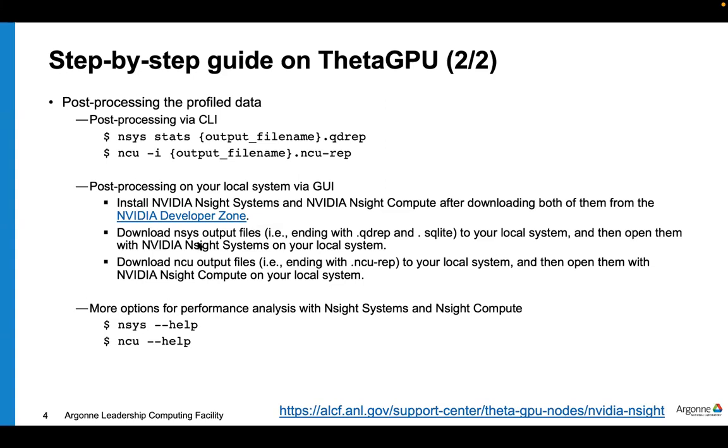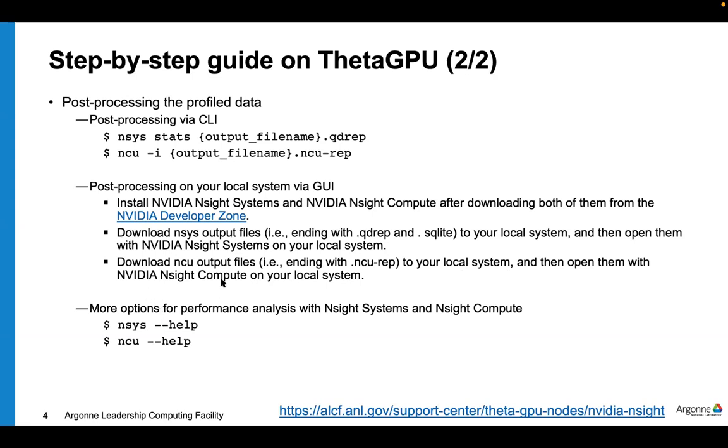After installing the client version of Nsight Systems and Nsight Compute, you need to download the nsys output files, ending with .qdrep and .sqlite, to your local system, and then open them with your client version of Nsight Systems. And also the NCU output file, you need to download and open it with your client version.